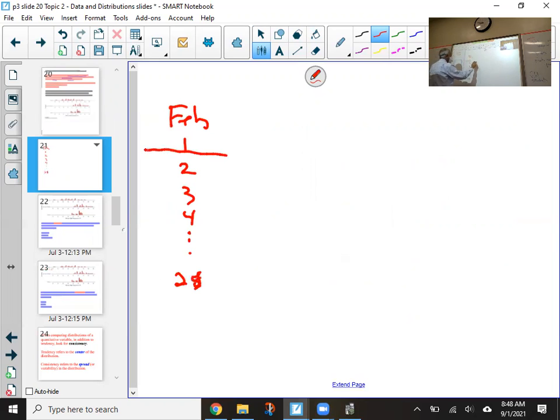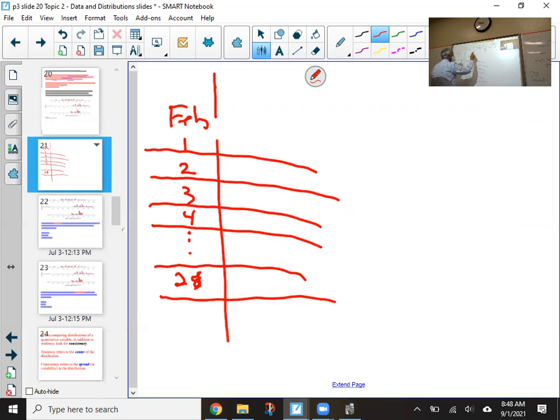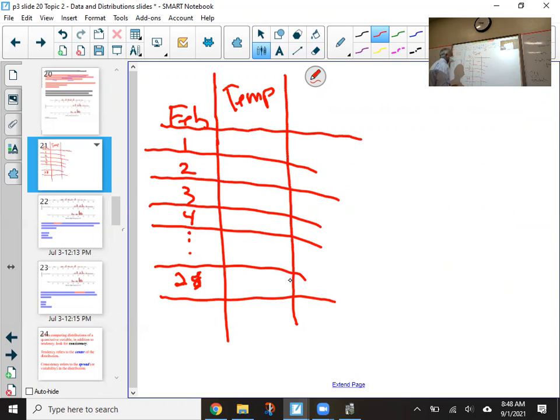And those are my rows. And then my column is temperature, and that is my variable. That varies from day to day.